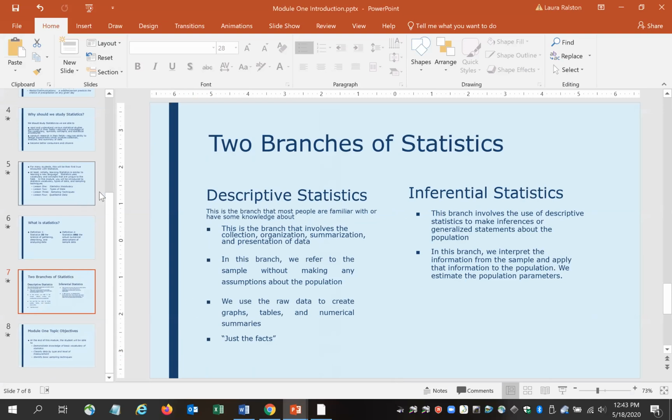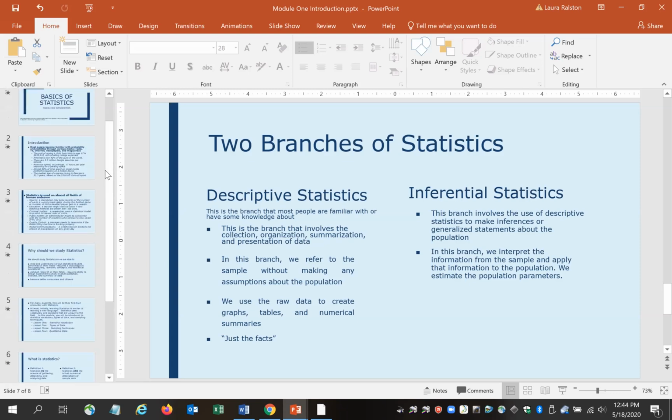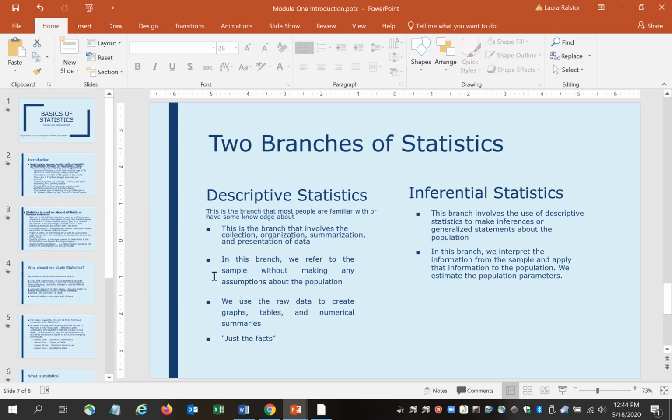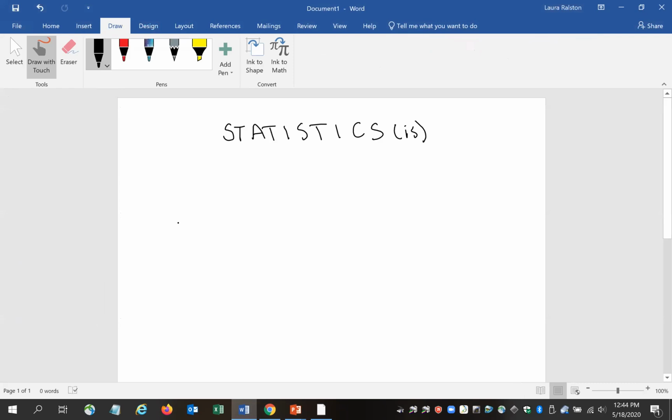I want you to notice in this word, you have descriptive, which is the adjective form of a noun or a verb. So we have statistics, and we're going to divide statistics up into 2 groups.